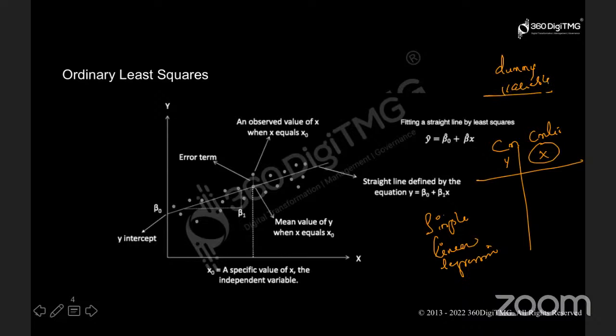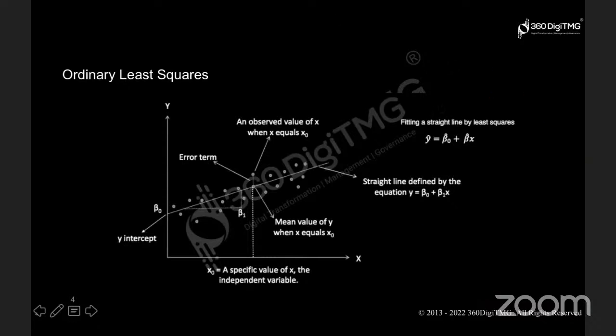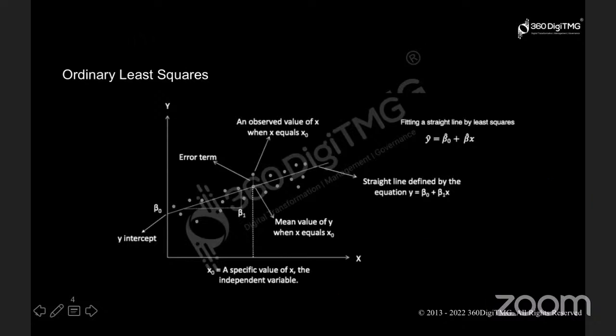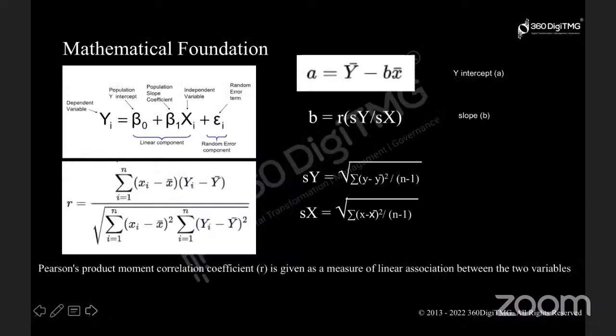You create dummies, convert them into numeric form, and then you have the data set. In fact, if you have multiple variables like y, x1, x2, x3, that is nothing but what you call multiple linear regression. So that is all about linear regression.